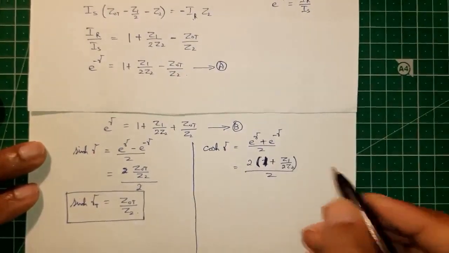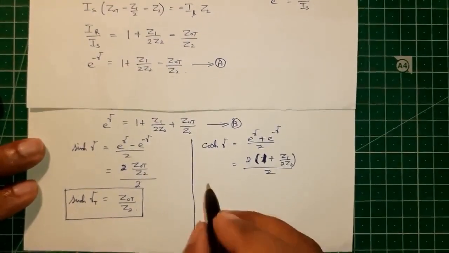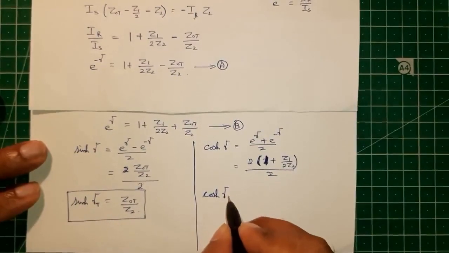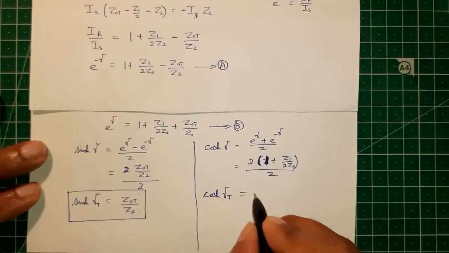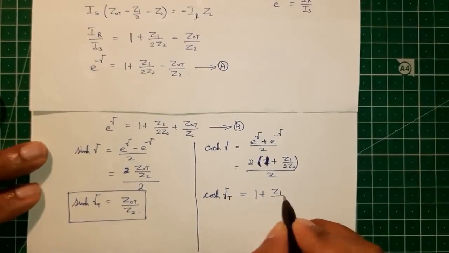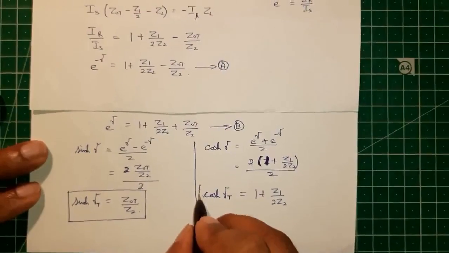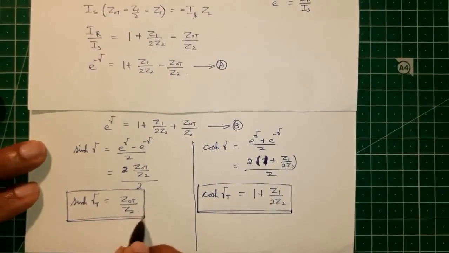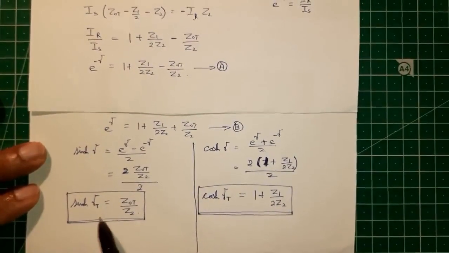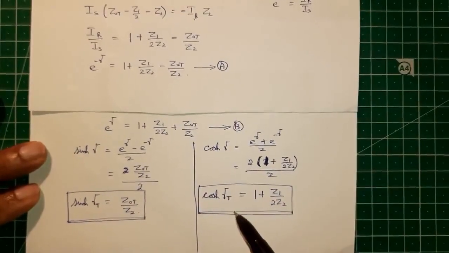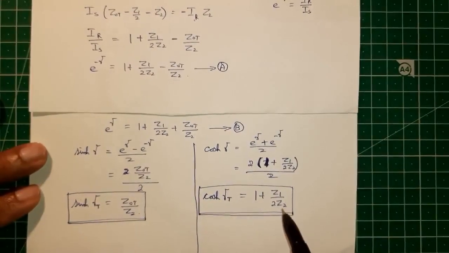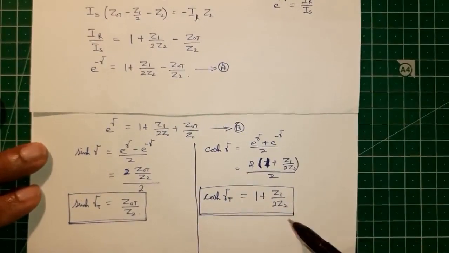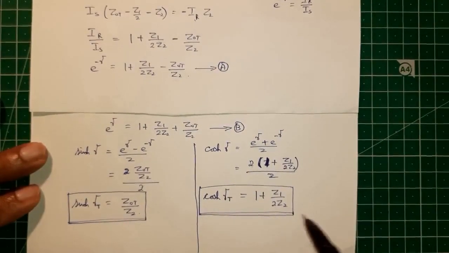In the denominator we are having this 2. So these will get cancelled. So for our T network, cosh gamma t will be equal to 1 plus Z1 by twice of Z2. So these two results here I have. So for a T network, we have sinh gamma t is equal to Z0 t by Z2, and cosh gamma t will be equal to 1 plus Z1 by twice of Z2. We need to remember this relationship, which will be used to further explain the filter networks.